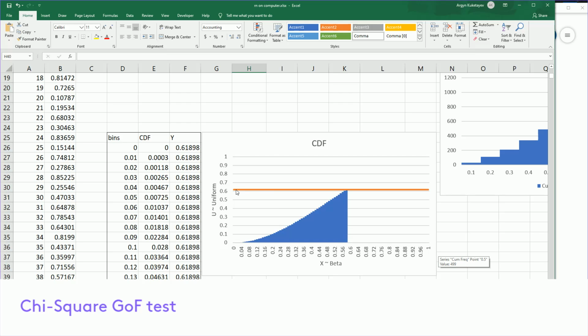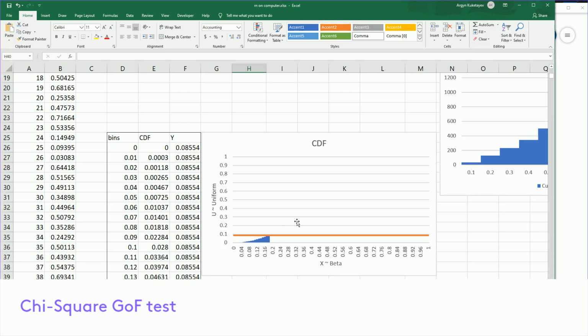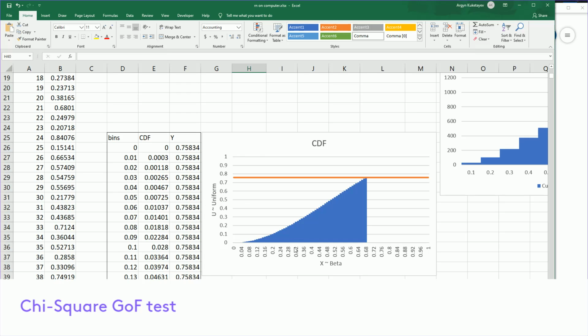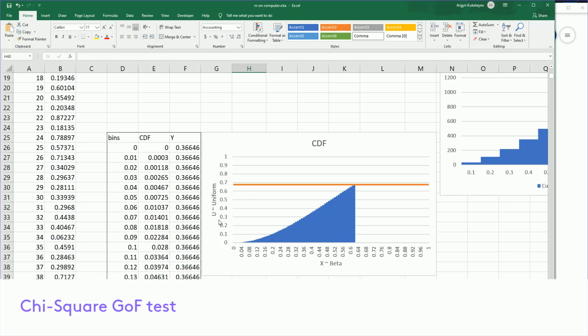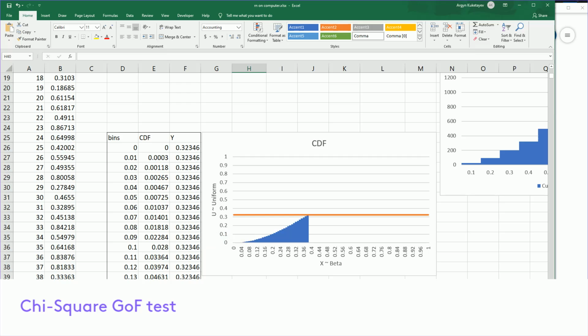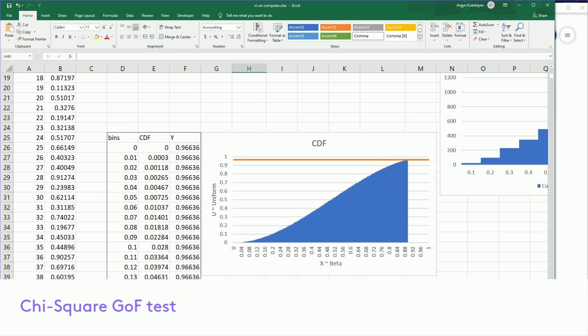If I were writing down these numbers on the y-axis, the CDF of the beta distributed number, I would have noticed that, obviously you can't prove it visually, but when we plug the random number on the x-axis into the CDF and record the numbers on y, we see that y is also a random number. And you have to believe me here, but y is from the uniform distribution.